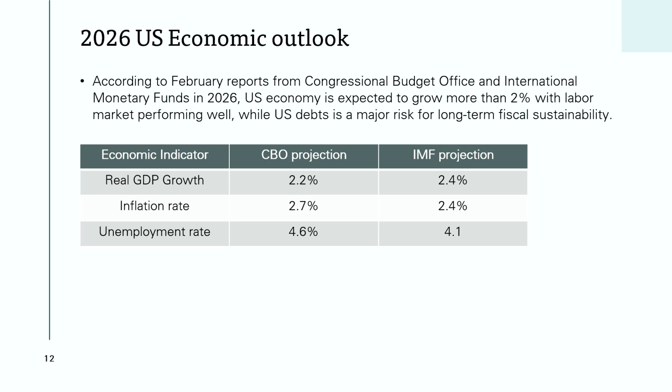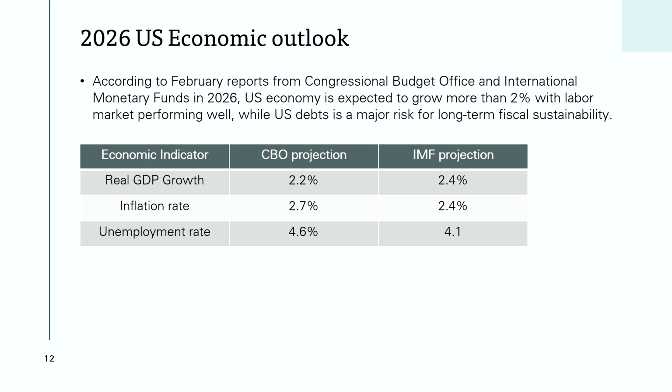According to the February projections from the Congressional Budget Office and the International Monetary Fund, the US economy is expected to grow at a little above 2% in 2026. Both institutions anticipate a solid labor market, with unemployment rates in the 4% range. Inflation is expected to moderate but remain slightly above the Federal Reserve's 2% target.